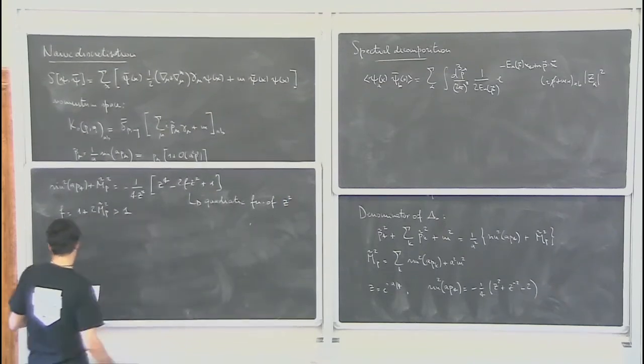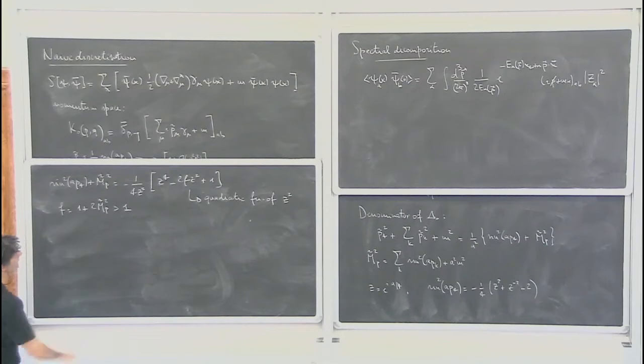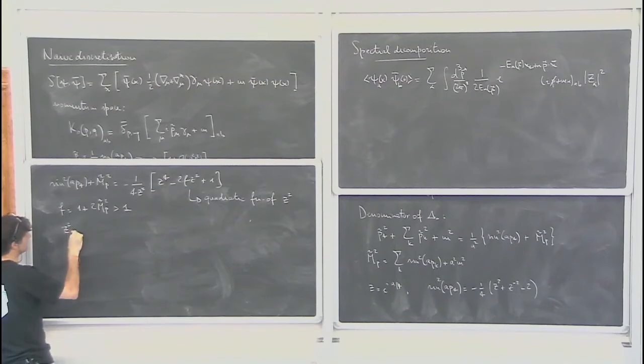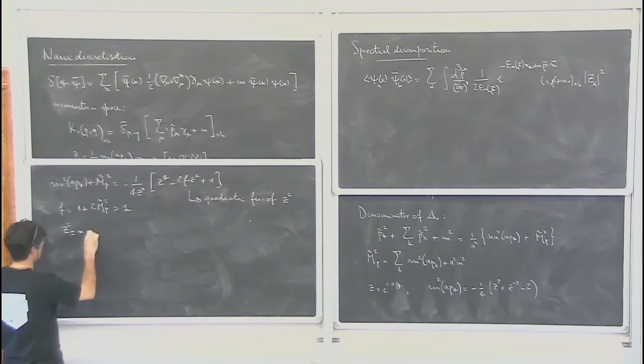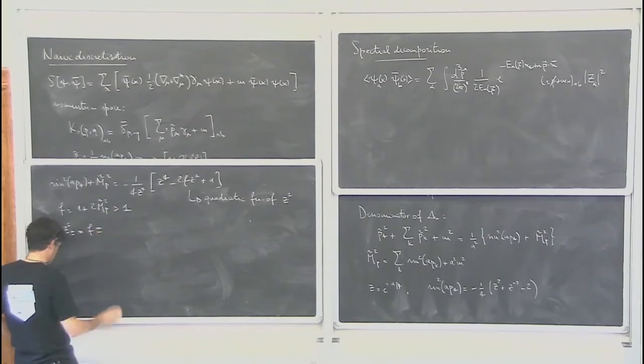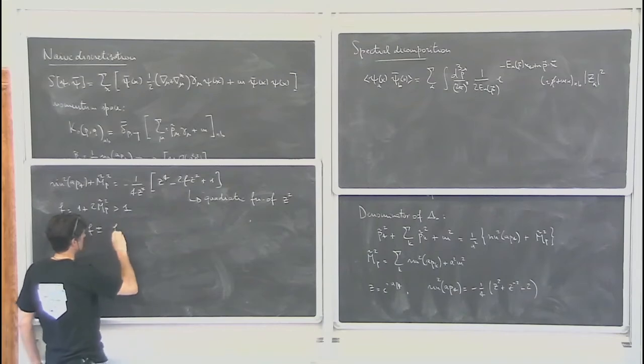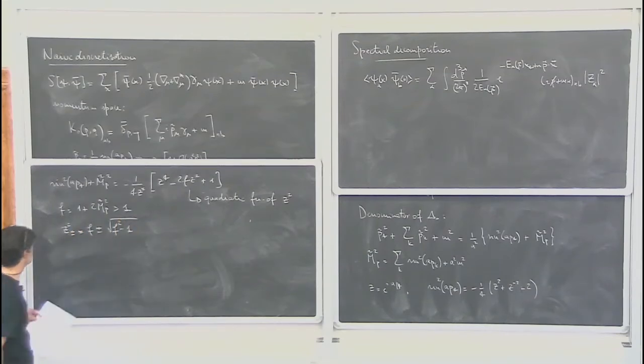Which means that we can solve the quadratic equation, and we're going to get two solutions, a z squared plus and a z squared minus, and this is f plus or minus the square root of f squared minus 1.